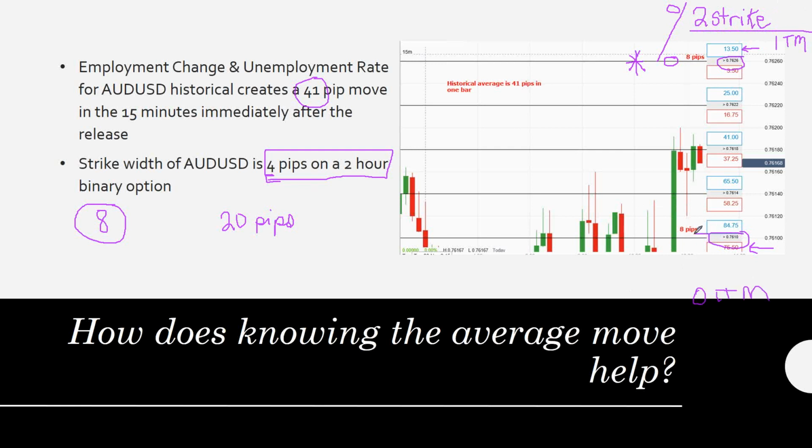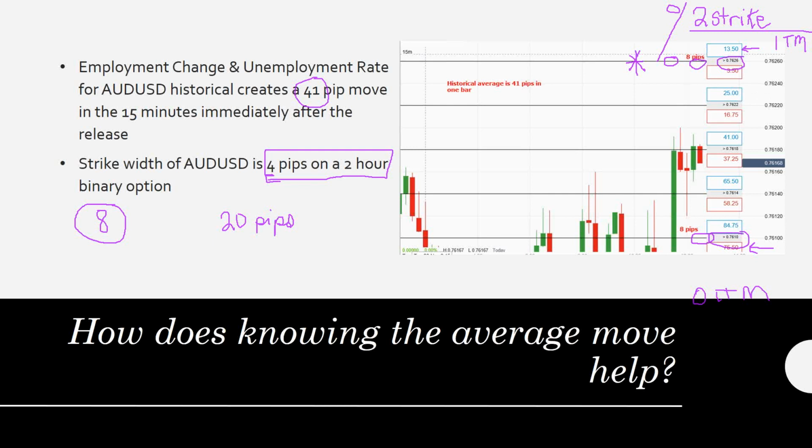And that means I will only go out to the 2nd strike, okay? Where can we find out information about the market reports? I use Forex Factory to look up all of my market reports.